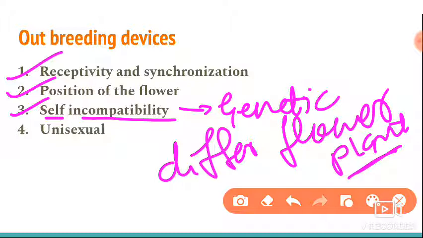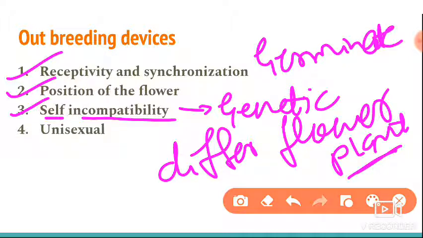It means the pollen grains are unable to germinate.